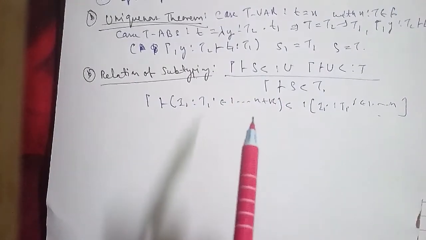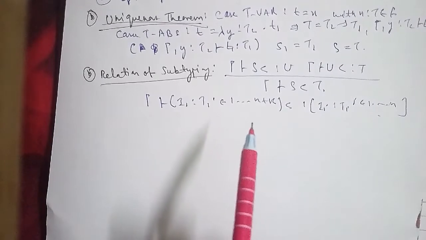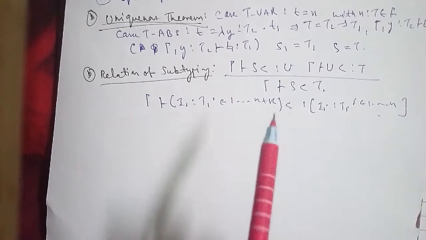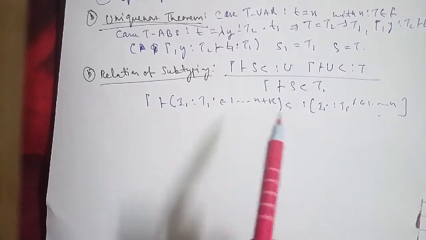Now we'll go ahead and discuss, with the help of a lemma, the proof of the soundness and completeness of the algorithmic subtyping, which is what we have to explain here.